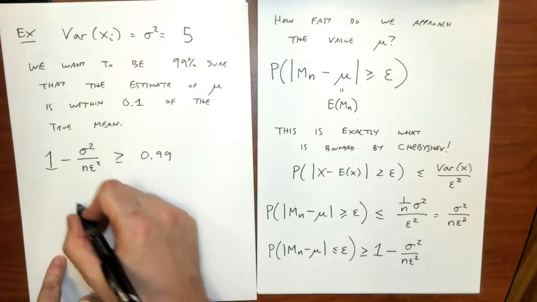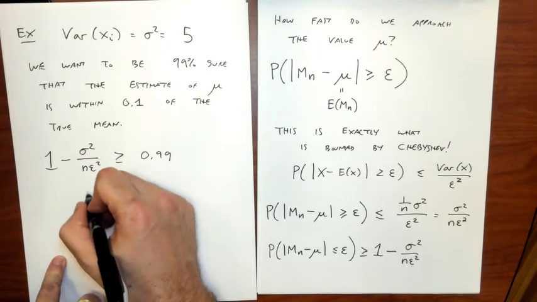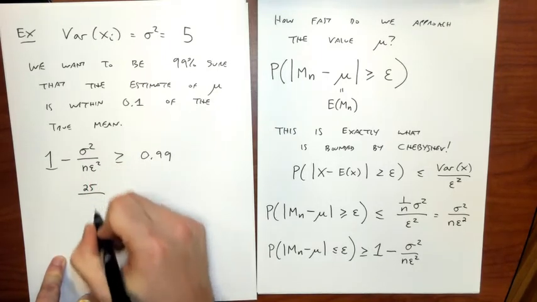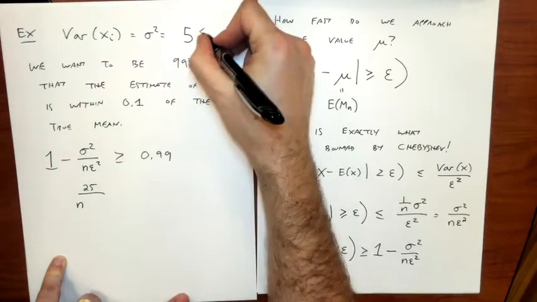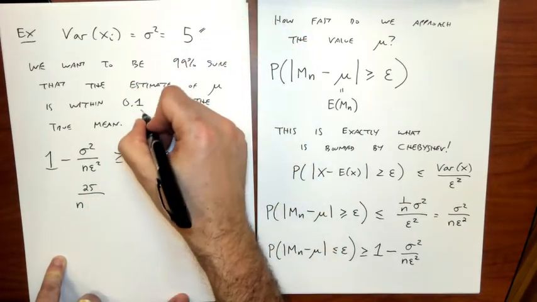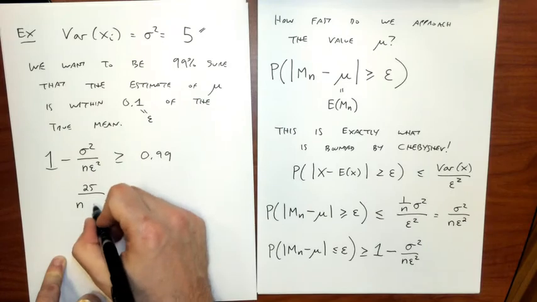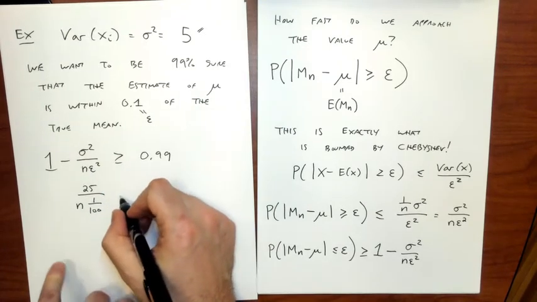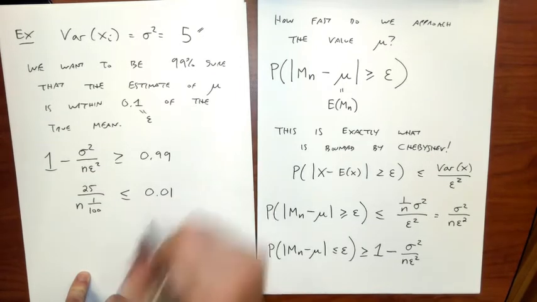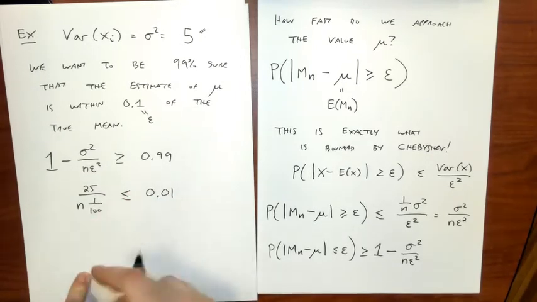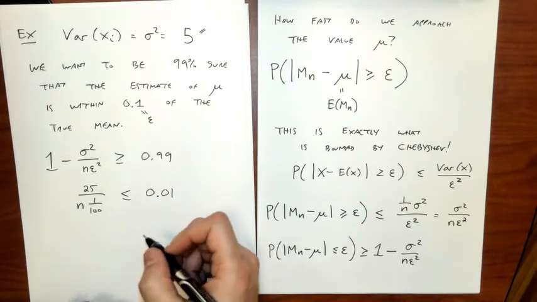And now if I flip it around, I know sigma, I don't know n, and this is my sigma squared, this is my epsilon, so my epsilon squared is 1 over 100, and I want this to be no more than 0.01, just flipping stuff around. So what am I going to get?